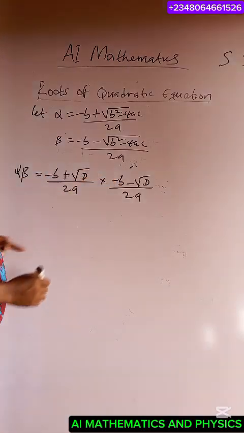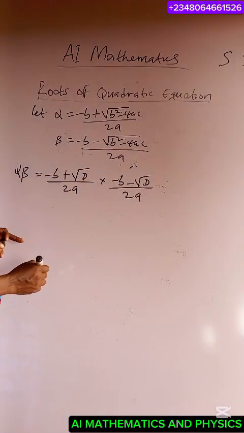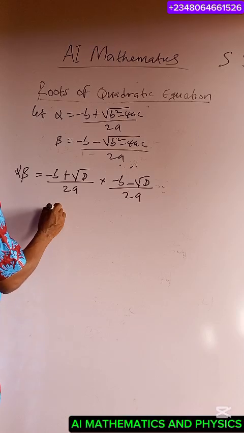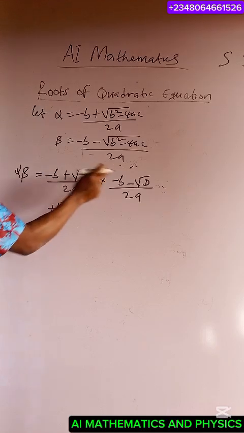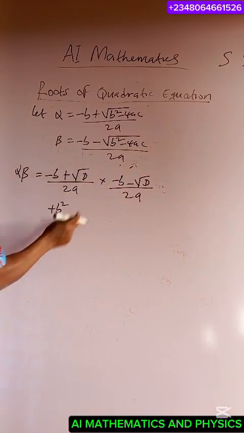Minus b times minus b will give us plus b squared, because minus times minus is plus, and b times b is b squared.